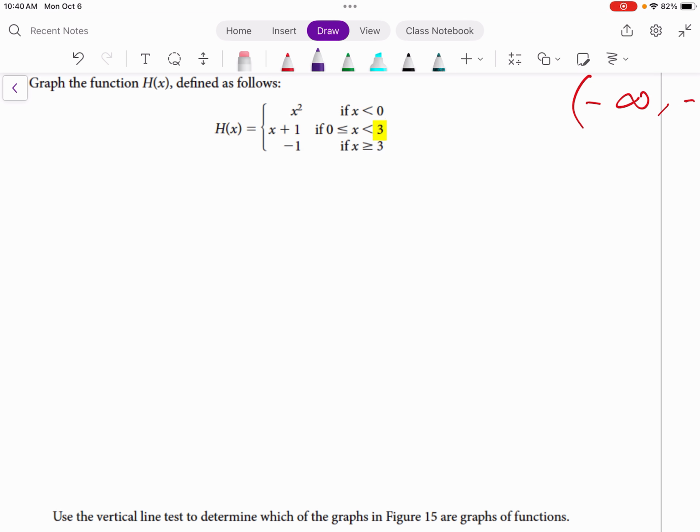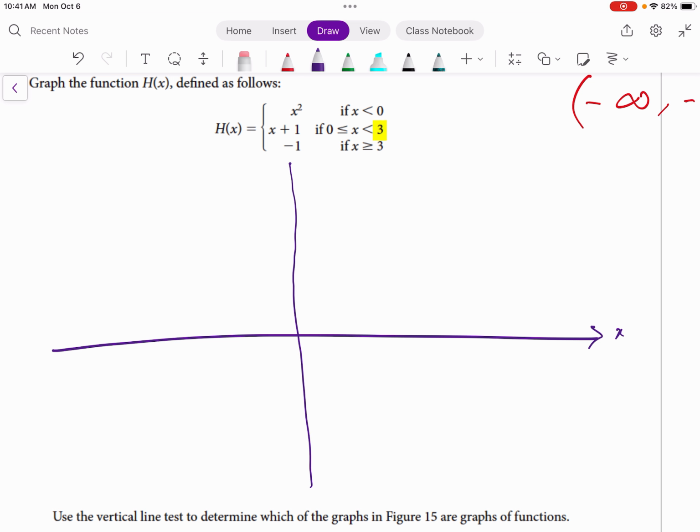Let's draw our horizontal axis, which is x, and vertical axis, which is h of x. So this is 1, 2, 3, 4, 5, 6, 7, negative 1, negative 2, negative 3, negative 4, negative 5, and the same on the vertical axis.